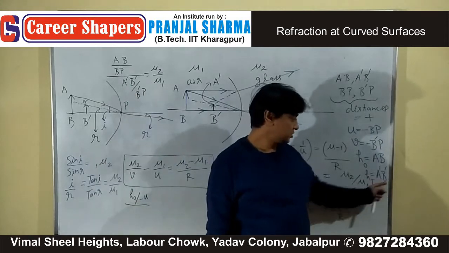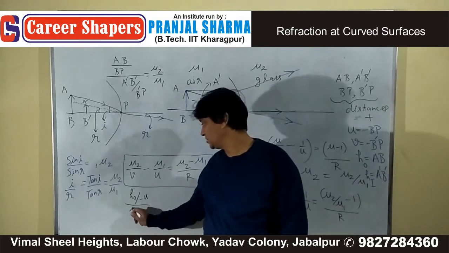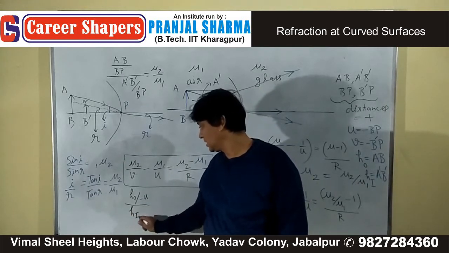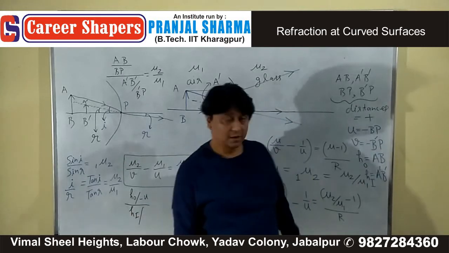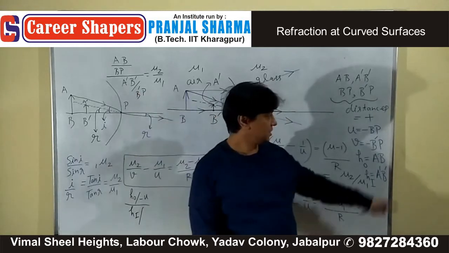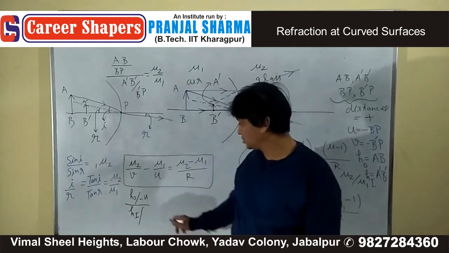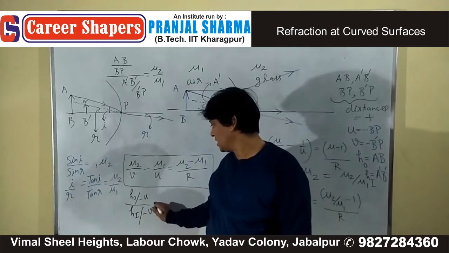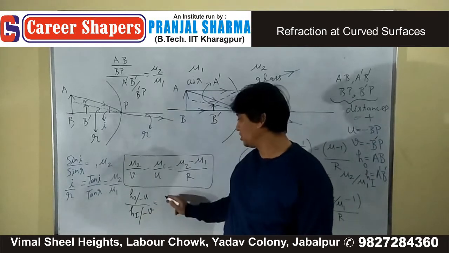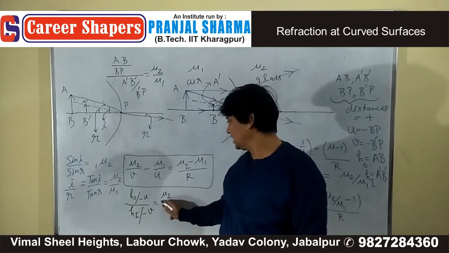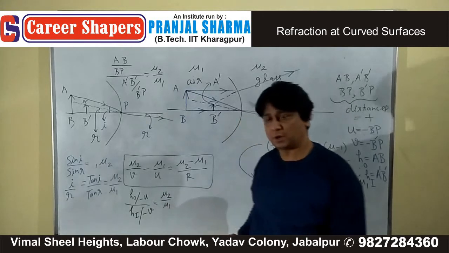A dash B dash is HI. Divided by B dash P. B dash P is minus of V. And on the left side you've got mu2 divided by mu1.